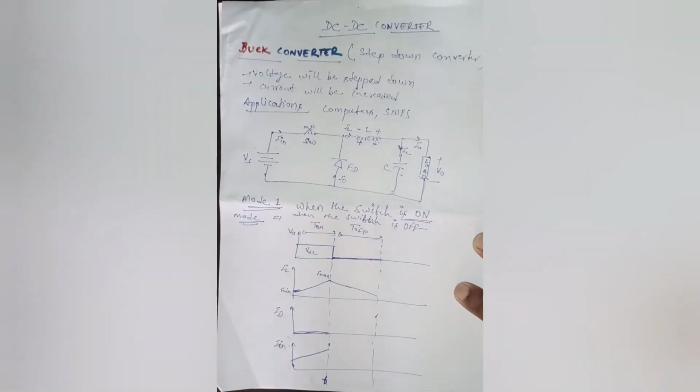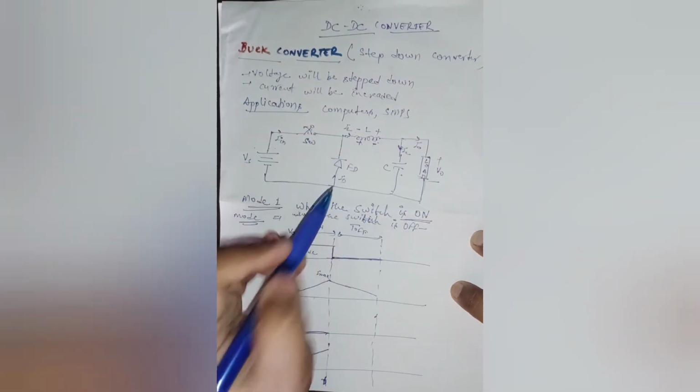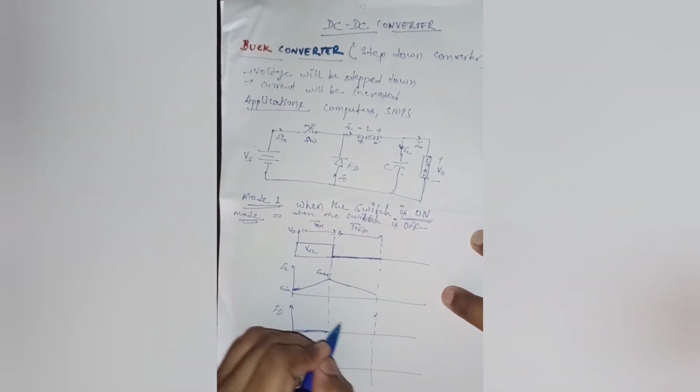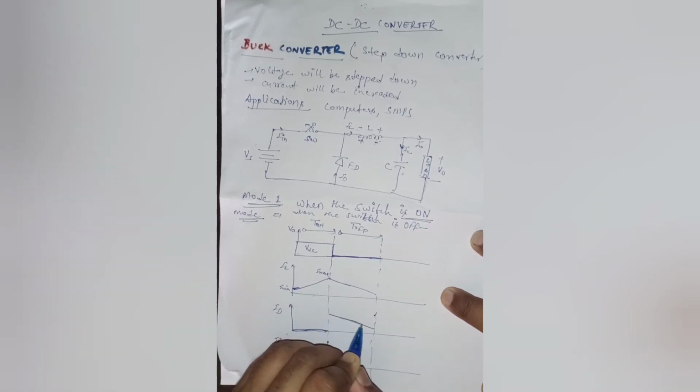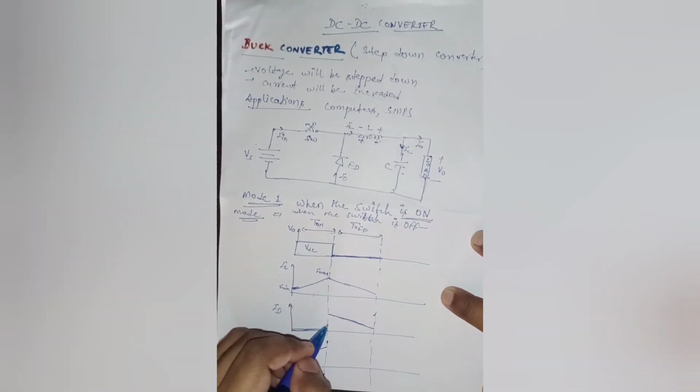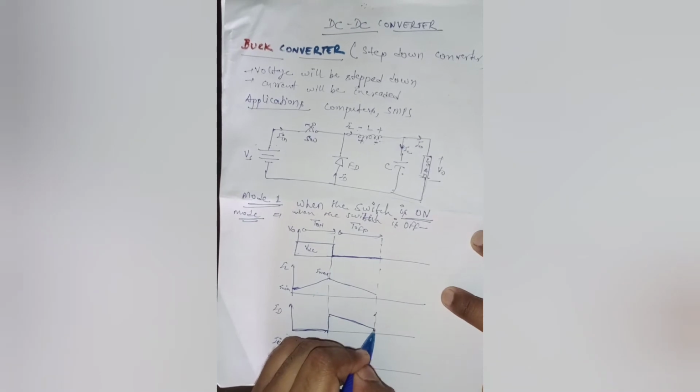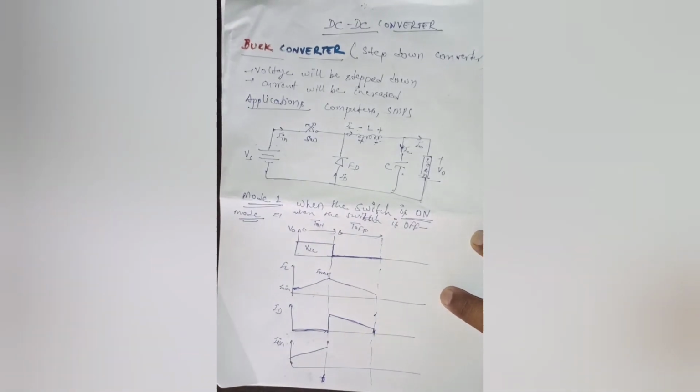Only the freewheeling current will be flowing through the load. So we will find the ID now. What is ID? ID will be the same as the current coming out of the inductor, from maximum to minimum. And the input current will be 0 in this time.